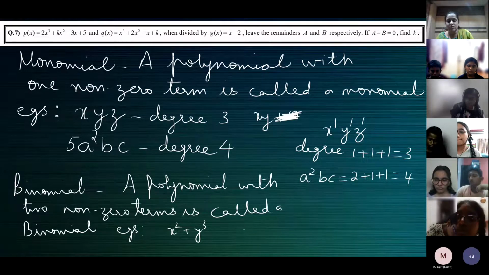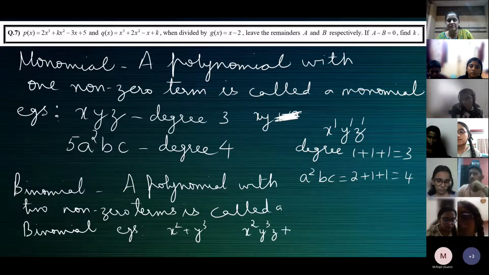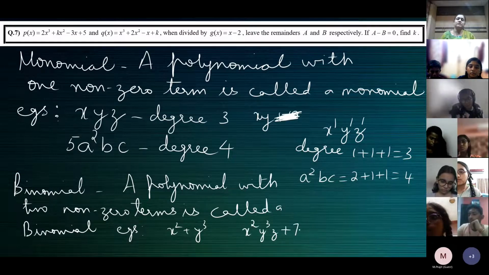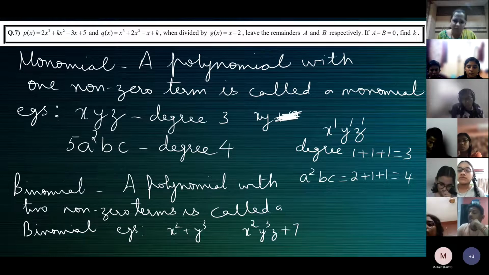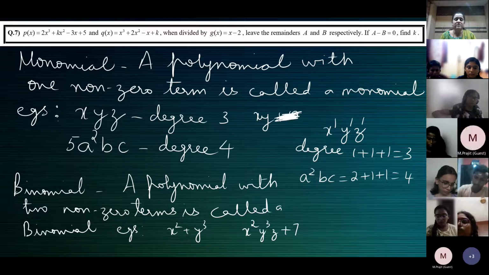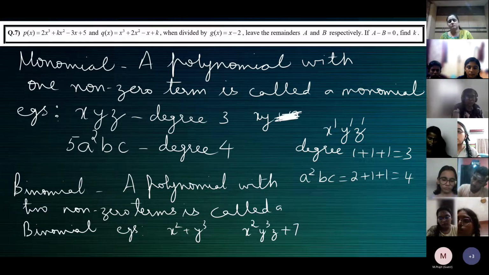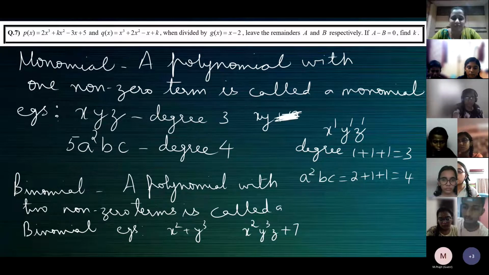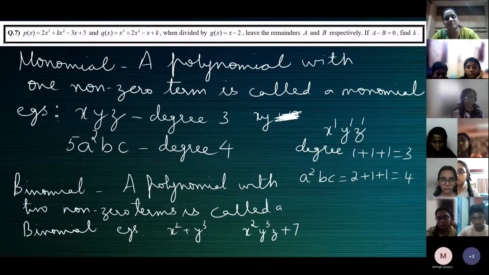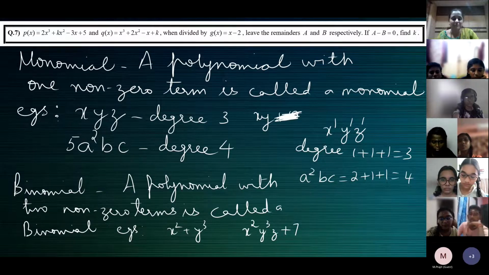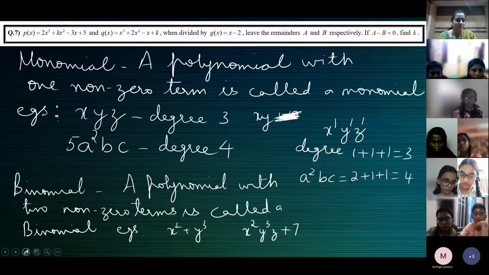Now, what about x square y cube z plus 7? Is this a binomial? Do you find any zero term here? Is anything zero here? No, there is no zero. So x square y cube z is one term, 7 is the other term, because these two are separated. Okay, let me make it minus. It need not always be plus.